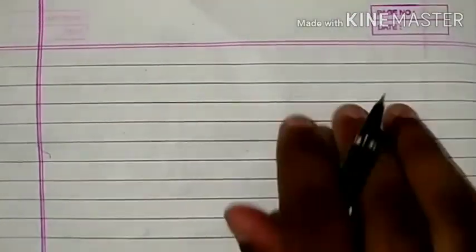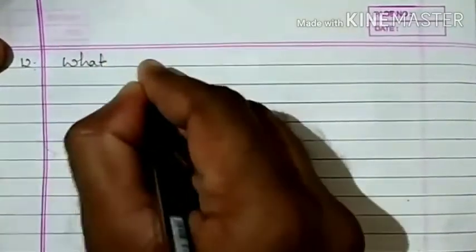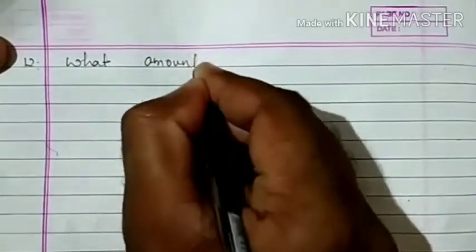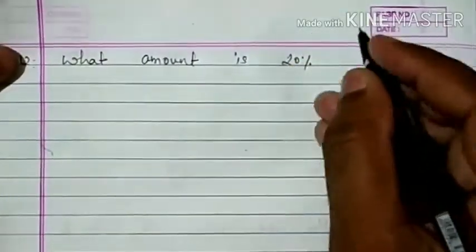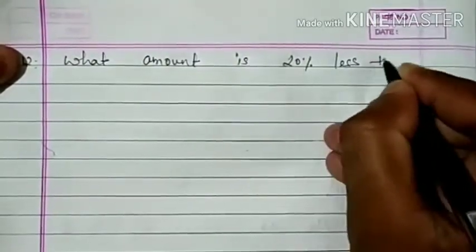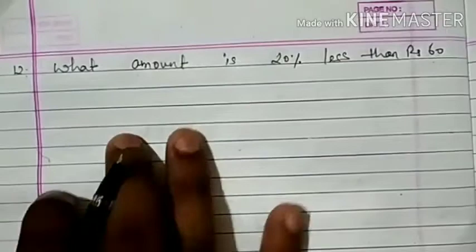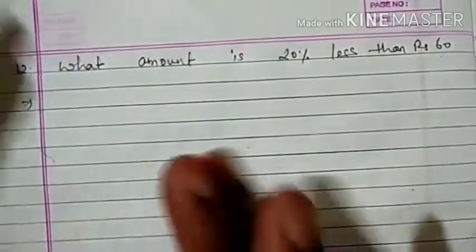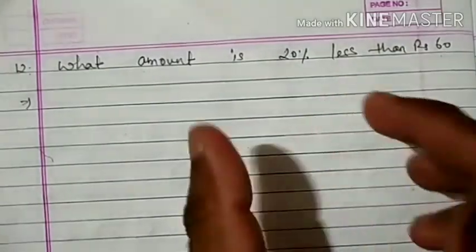Let's take another question of the same type. What amount is 20% less than rupees 60? If anything is complete, it is 100%, and it is asking for 20% less.